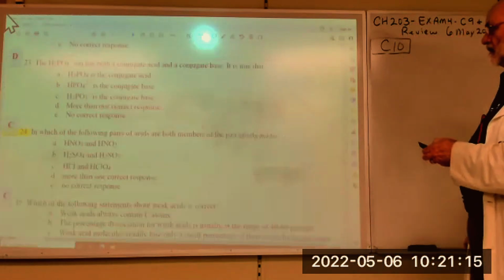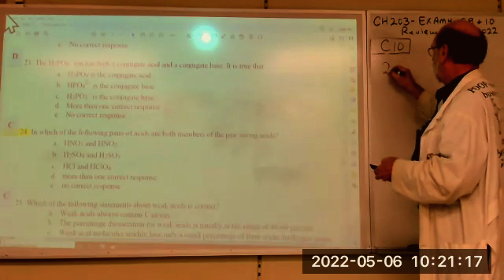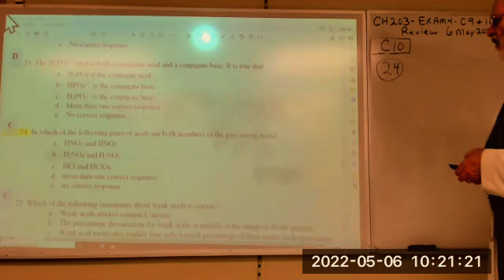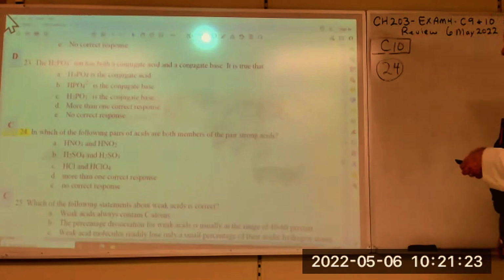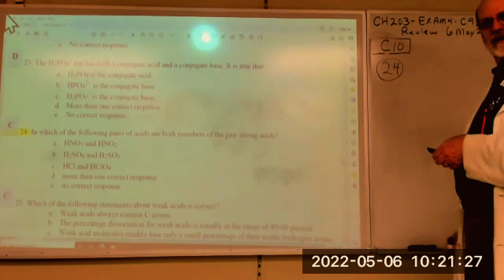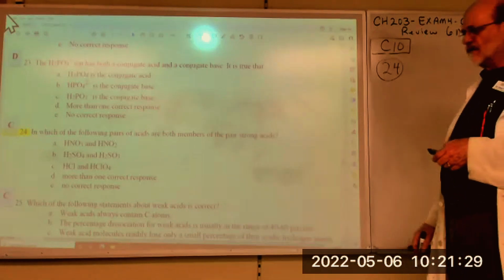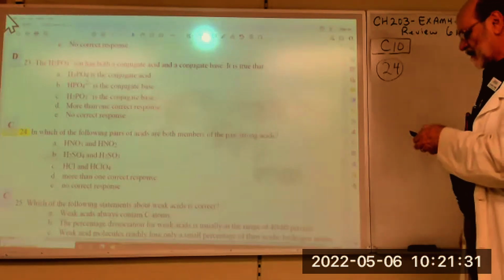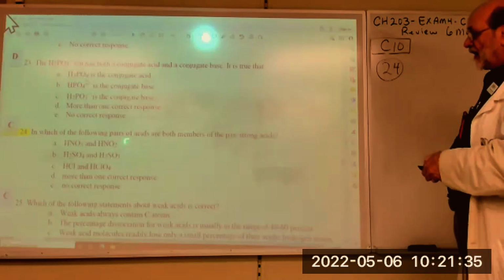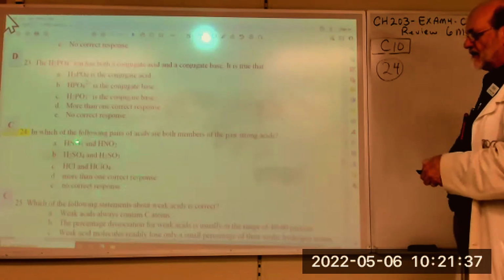All right, 24. In which of the following pairs of acids are both members strong acids? Did we get this one before? I think this is repetitive. I think it's the same question, but different choices.